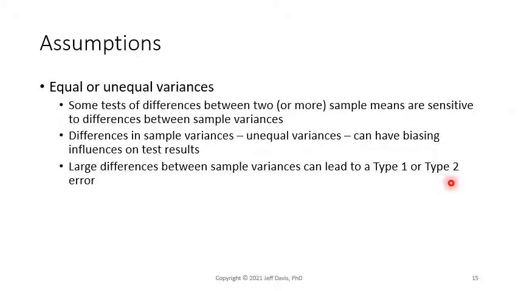Type 2 error is where we fail to reject the null, so we assume that the null is true, but the null is actually false. So we fail to reject the null, but we should have rejected the null. So it might lead us to make a type 1 or type 2 error, and of course we want to avoid both of those like the plague.